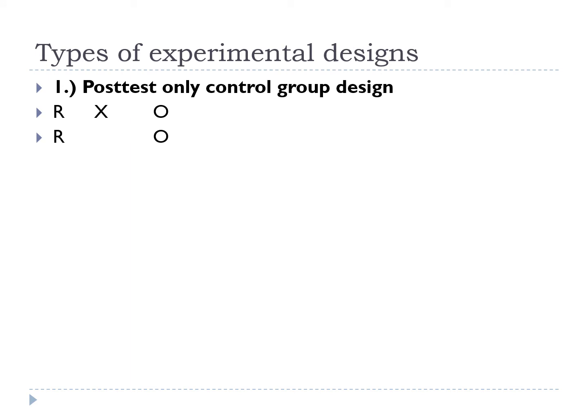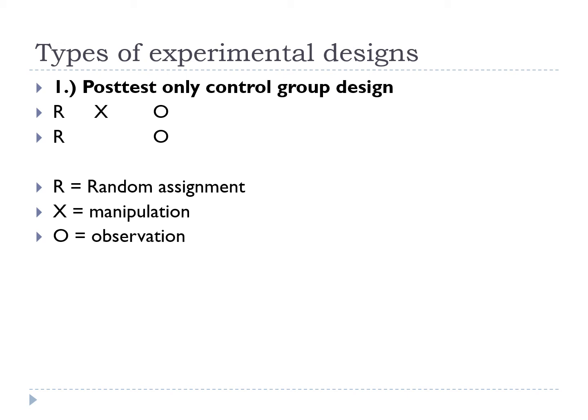Now, these symbols represent different things. So the R lets us know that it's been randomized. And then we have X's and O's. You can think of the X as some sort of manipulation and the O as an observation. So in this particular design, we have 2 different groups. One has a manipulation followed by an observation, and the second does not have the manipulation and is followed by an observation.